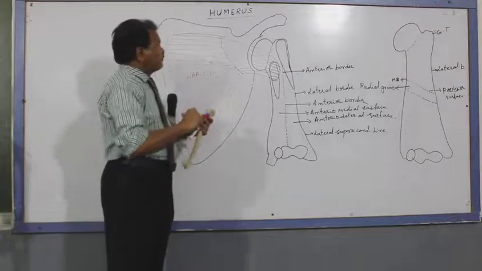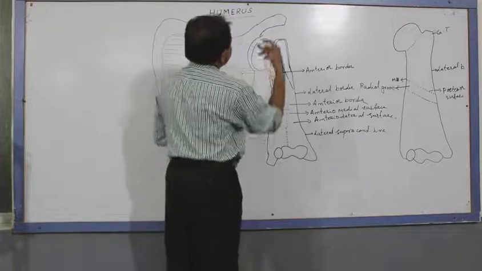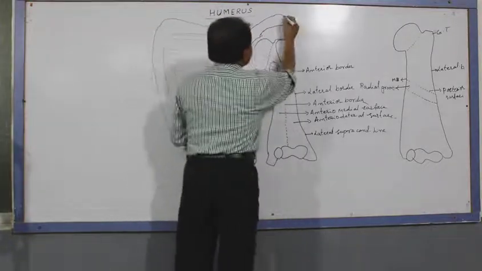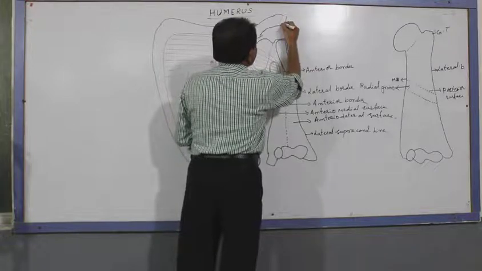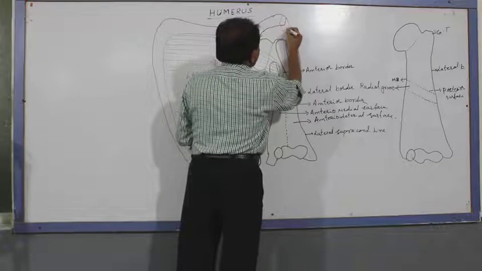Then there is the coracoid process. The coracoid process gives the origin for two muscles by a common tendon.